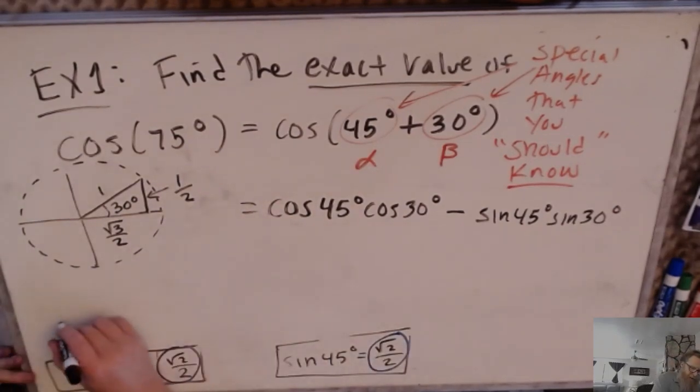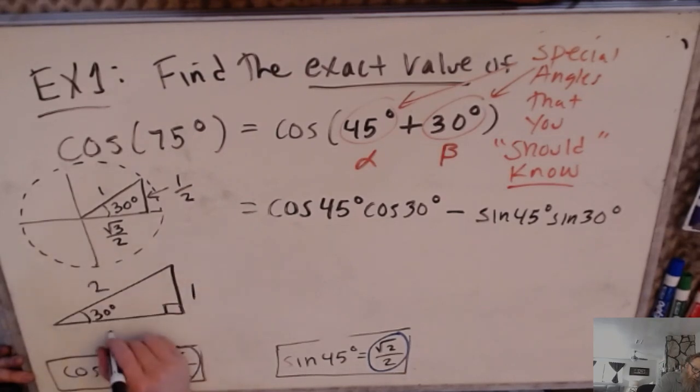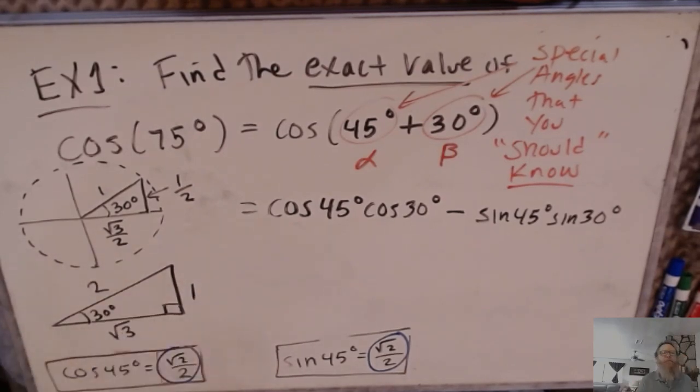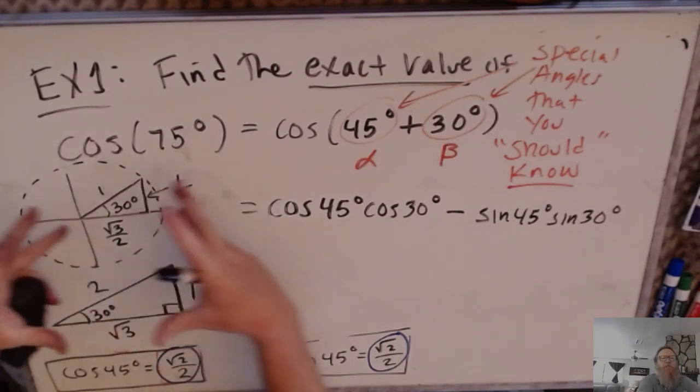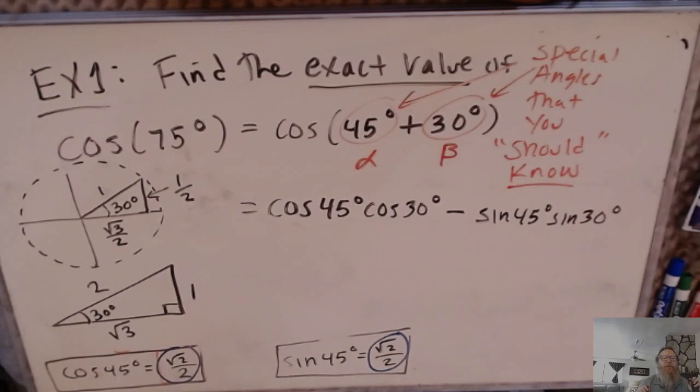Okay, or if you like, you can memorize this triangle. 1, 2, root 3. Either way, it's the same thing. The special triangle is just a magnified, enlarged version of the unit circle triangle. Doesn't really matter. You're still going to get the same idea.